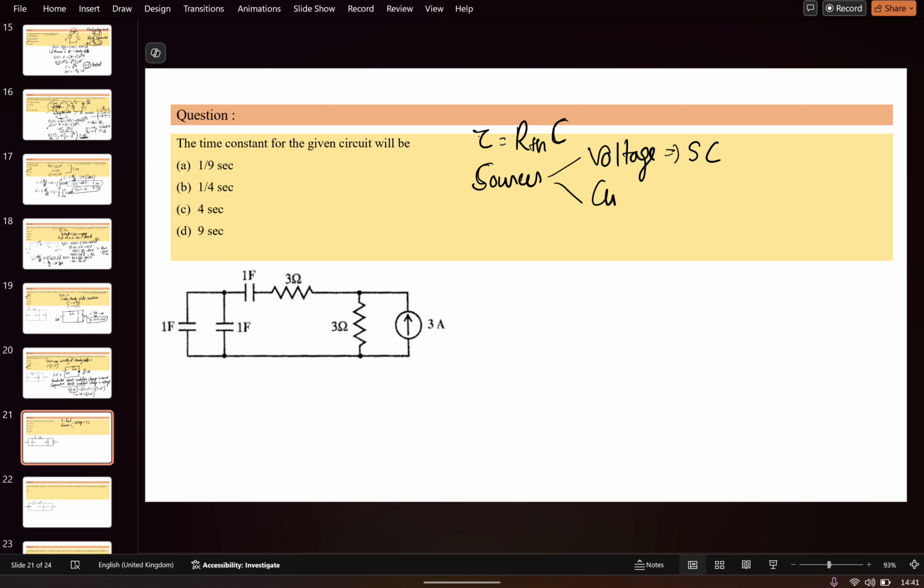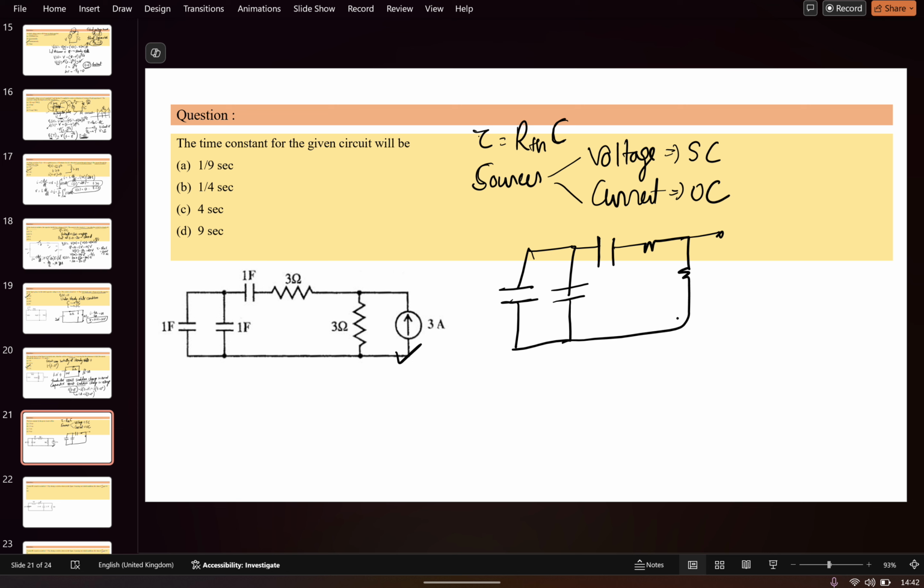If it is a current source, it is open circuited. Here the current source is there, so open circuit. After the open circuit, you will get the circuit like this.